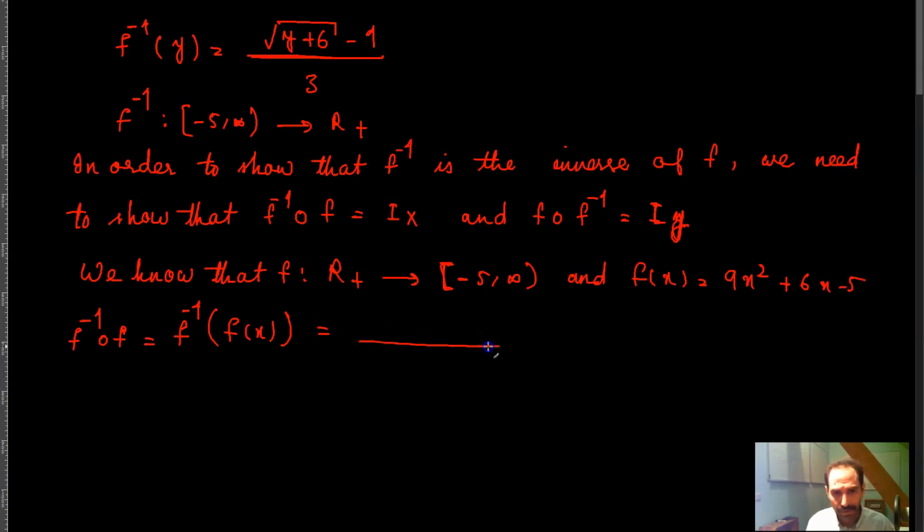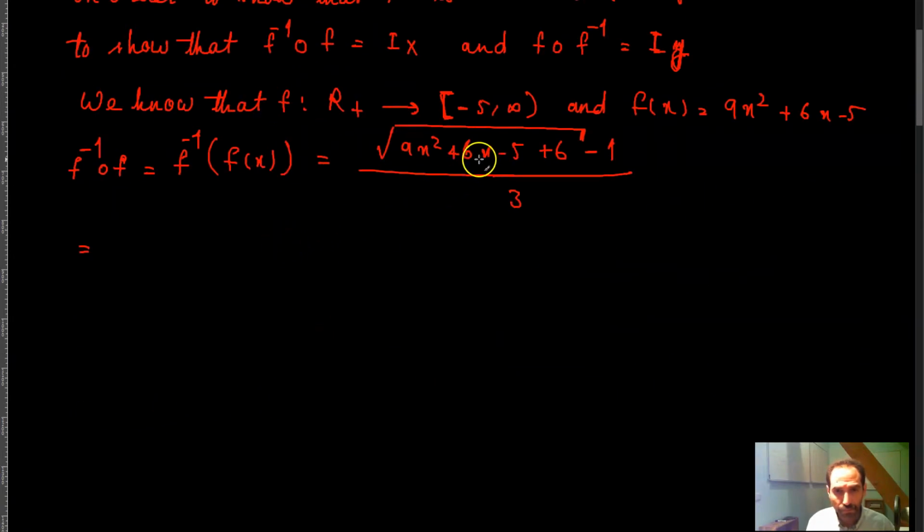So I write this as the square root of 9x squared plus 6x minus 5 plus 6, minus 1, divided by 3, which is the same thing as the square root of 9x squared plus 6x, because 6 minus 5 is equal to 1, minus 1 divided by 3.